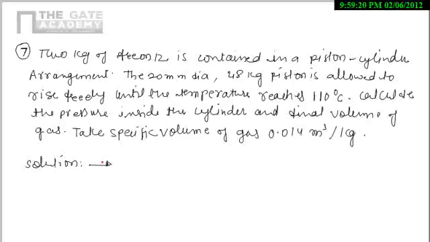So if you see in this problem, the piston is allowed to rise freely until the temperature reaches 110 degrees centigrade. Means when the piston rises freely and the final stage comes, the pressure due to the piston weight and the atmospheric pressure will balance with the pressure inside the cylinder.